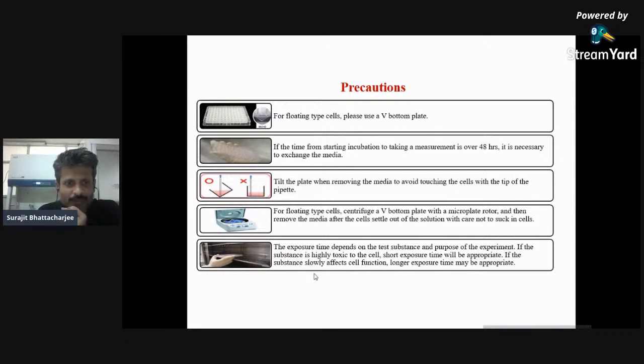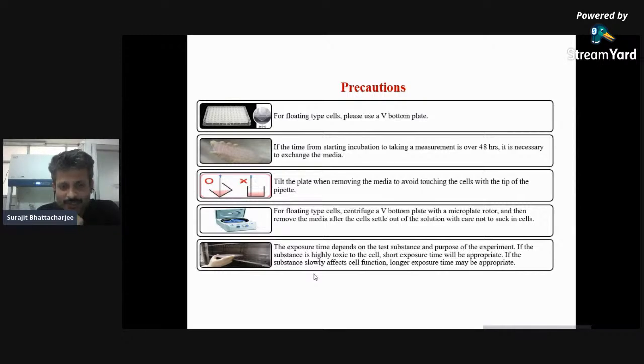During the removal of the media, we need to tilt the plate so that the tip does not touch the cells at the bottom of the plate, that means we need to minimize the contact between the tip and the cells.